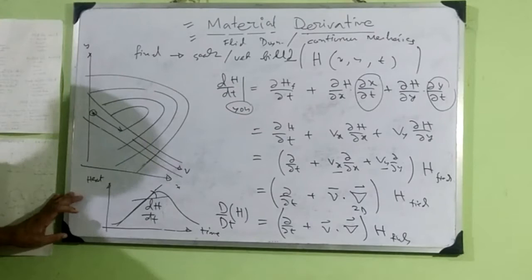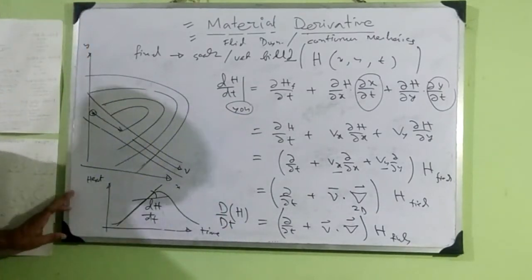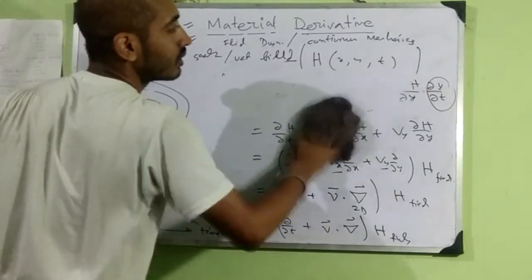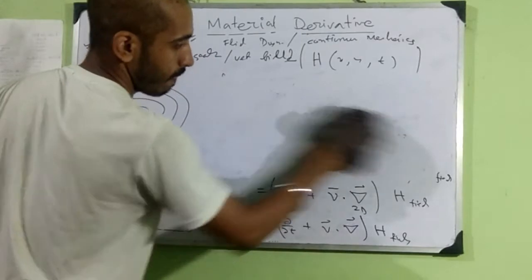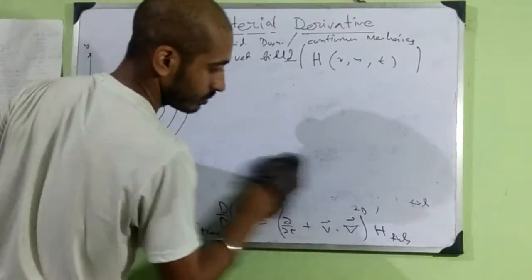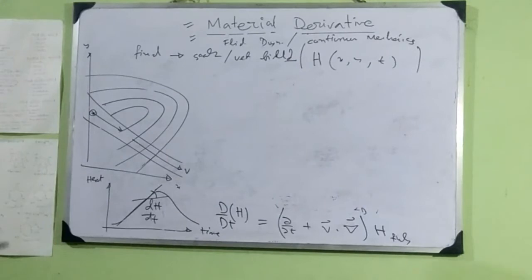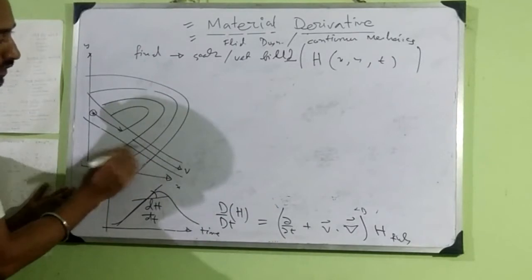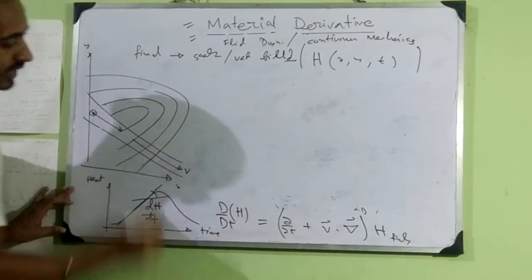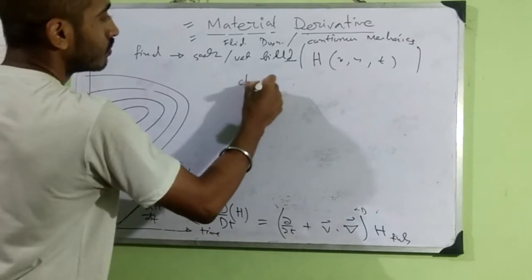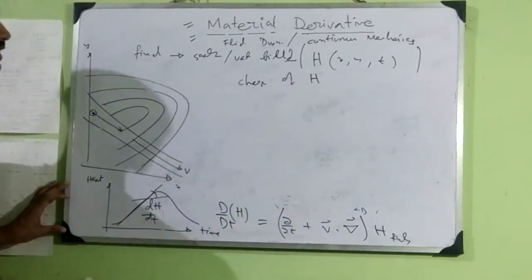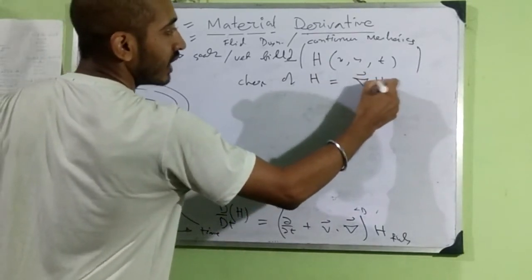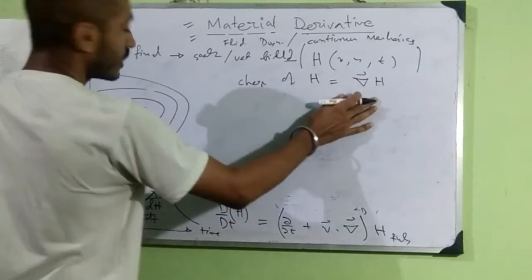Also, this expression can be thought of in another way. Let's see. We know your velocity is always directed tangentially along your path, but the change of h, that is the heat field, is denoted by the gradient of h, and this is its direction.